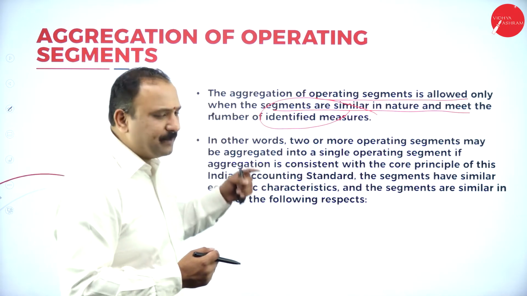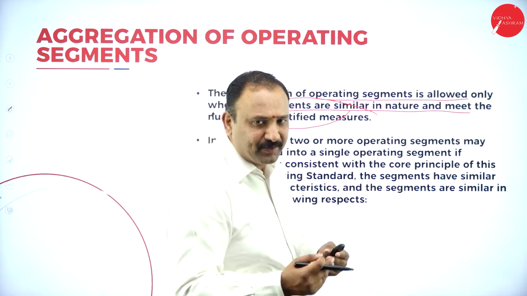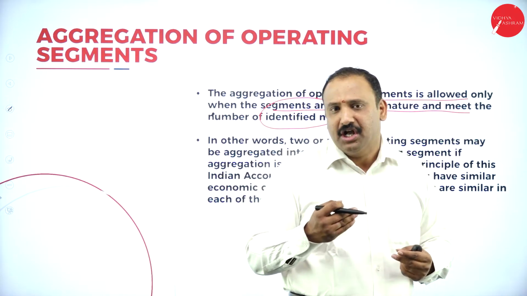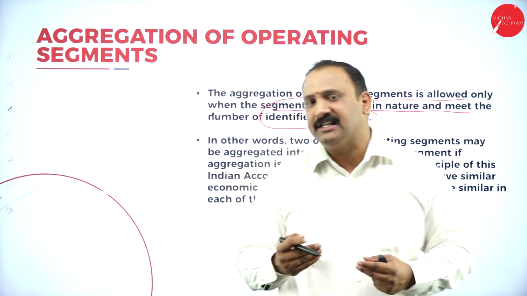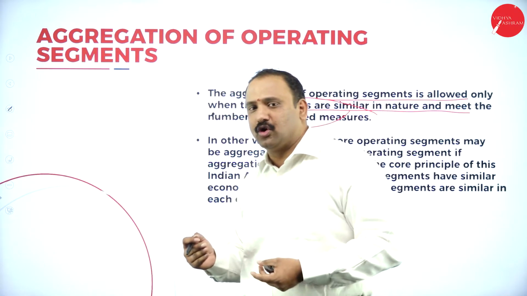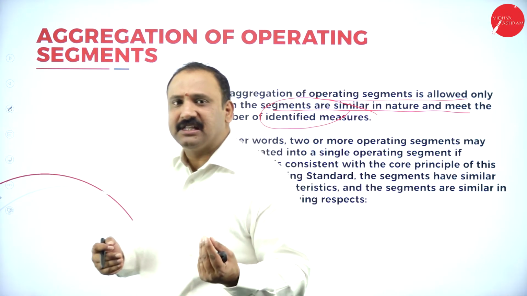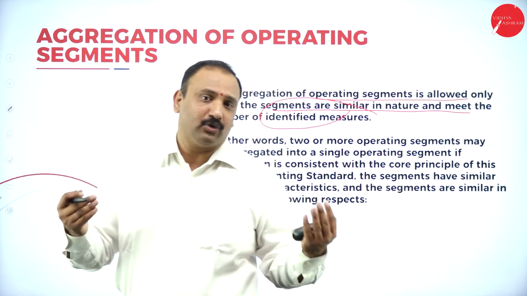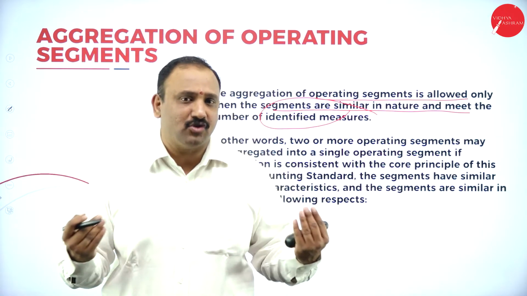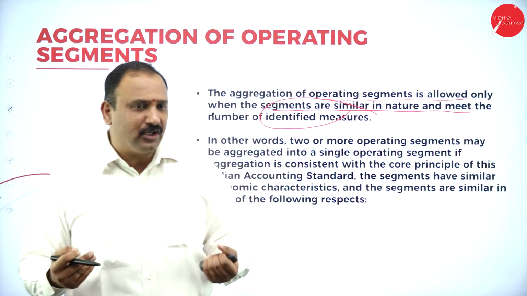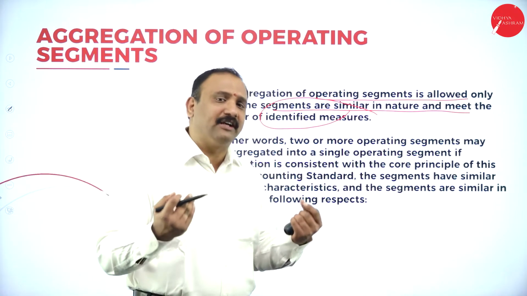So it is very, very important for the management as well as for the organization to understand those operating segments before taking a call. Sometimes the management might overlook an operating segment, thinking that it is not making any profit, but in the long run, that unit might be a great resource.